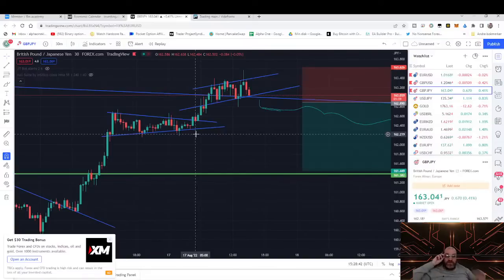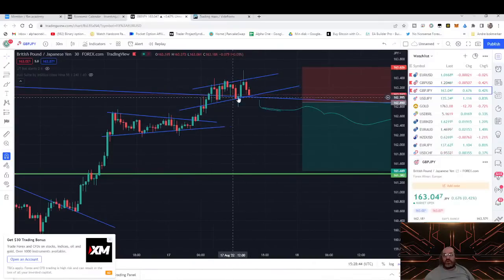So now you can see yet again up here, we can mark it again, and here we are basically waiting for the same thing. Probability is that you're breaking to the downside here, and that fits with our plan to open our short trade here. So train your eyes to see these types of things.